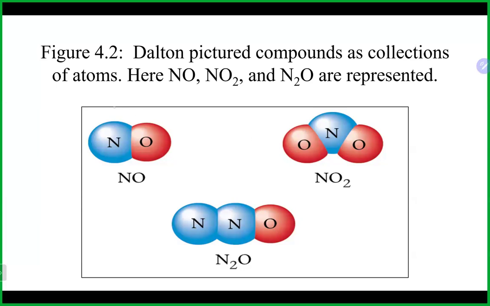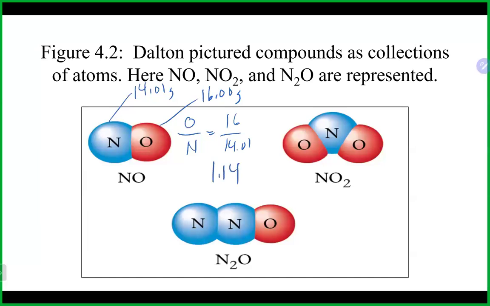So what I mean by that is nitrogen is about 14.01 grams, oxygen is about 16 grams. So if you want to know the ratio of oxygen to nitrogen in this compound, we could take 16 divided by 14.01. And if you do that on your calculator, you will get 1.14.